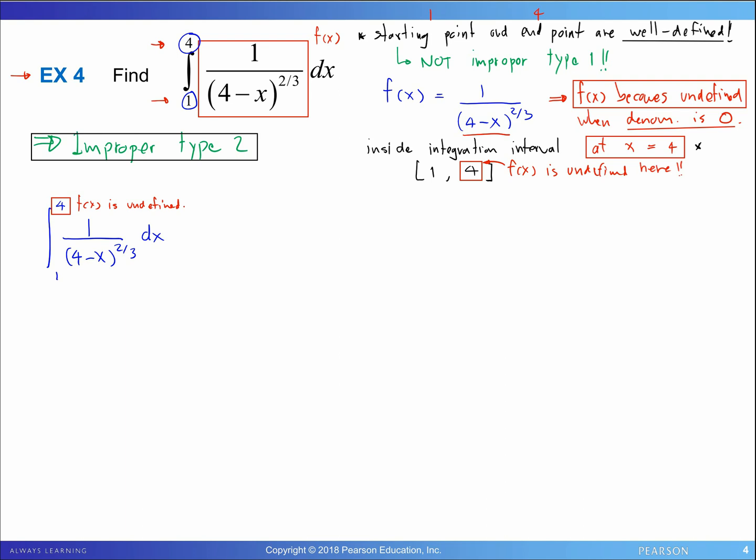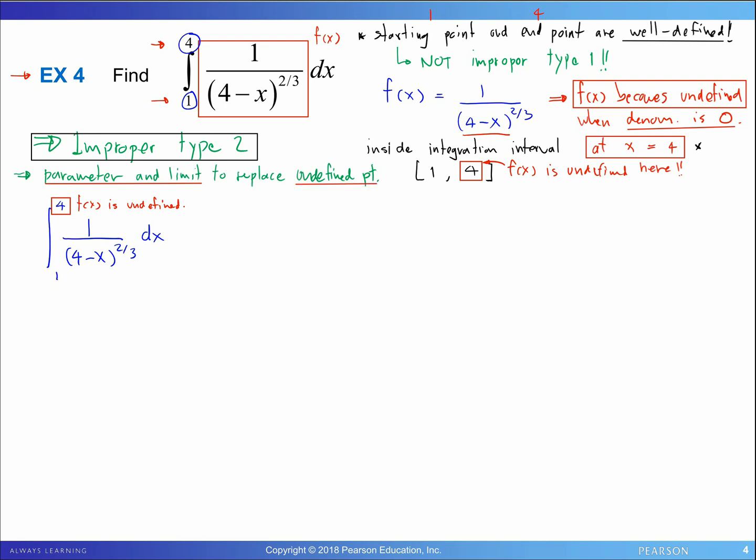And this is what we need to do for improper integrals type 2. We use a parameter and a limit to replace the undefined point. And the key is parameter and limit to replace undefined point.